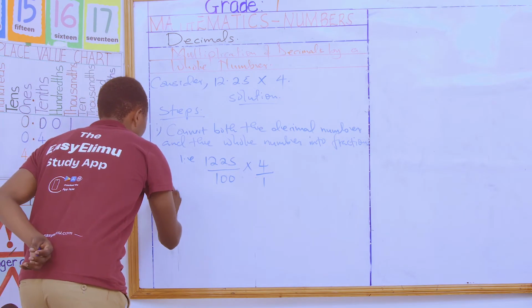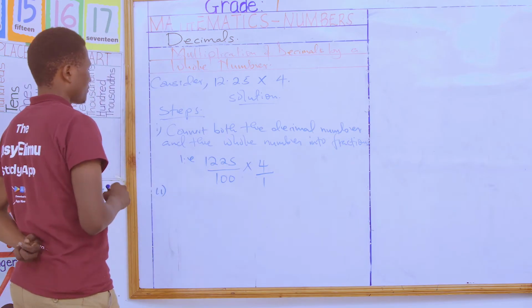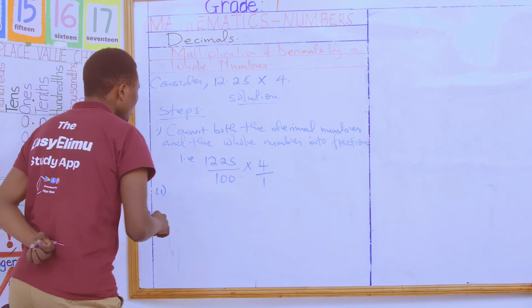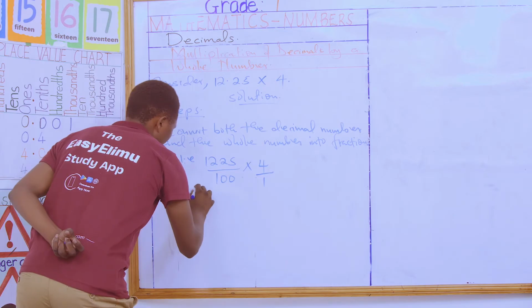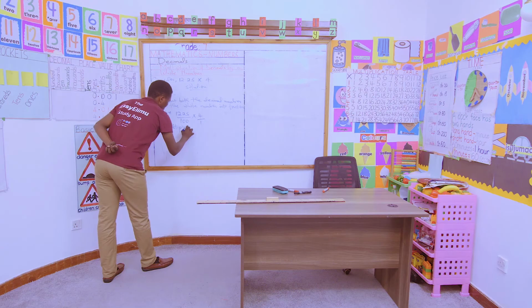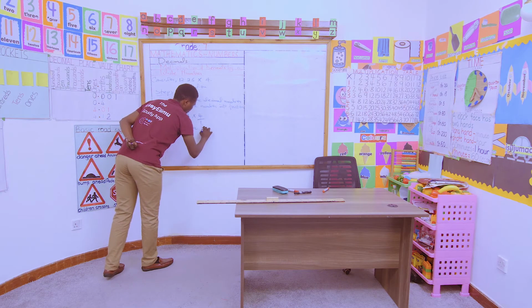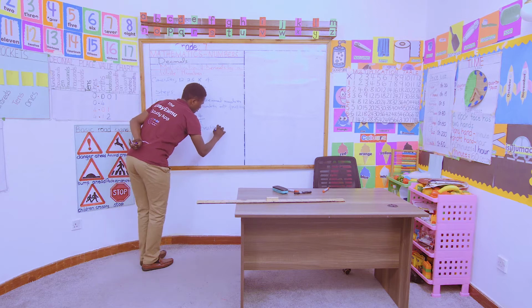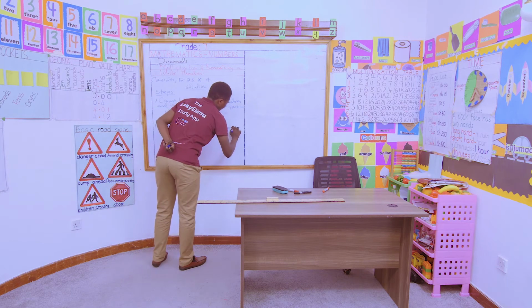Then step 2, after you have done that, you multiply the fractions and simplify.